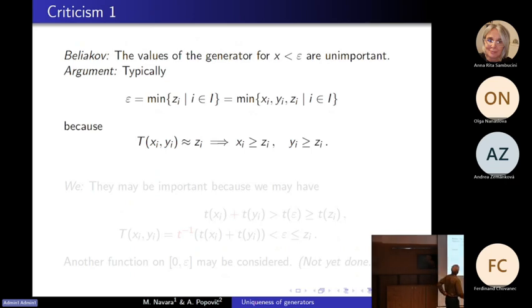His argument is that this epsilon is the smallest of all the desired values of the t-norm, which are usually smaller than the points where we evaluated it. So it's the smallest positive number among the data. So that's an argument why he has chosen this.